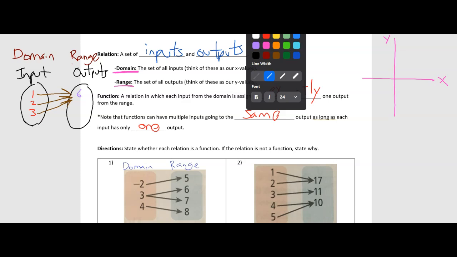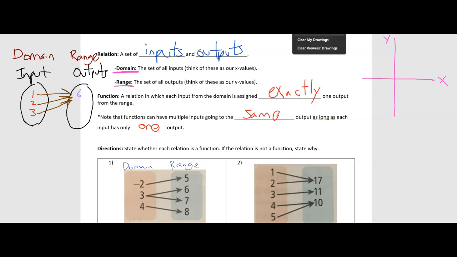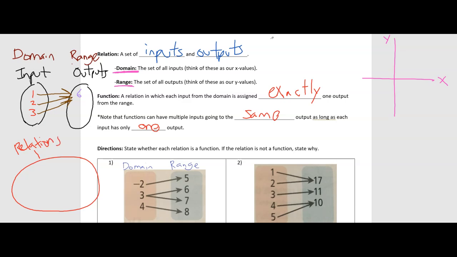Okay, let's get some practice deciding whether relations are functions. Remember, relations are the big category, right, if we're thinking about our Venn diagram, and functions, so that if the red represents relations, functions are a subset of relations.